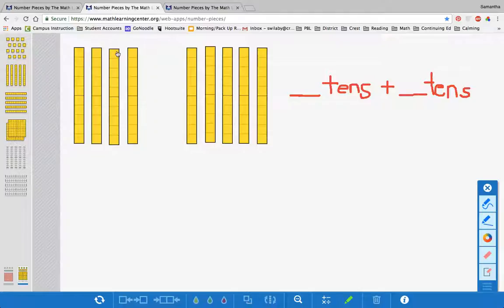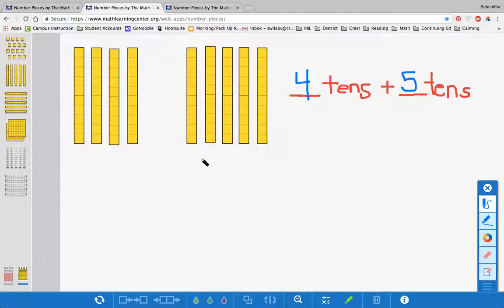First, let's look at the groups of 10 that we have. So I have 1, 2, 3, 4 tens over here. I have 4 tens first in this group, and then 1, 2, 3, 4, 5 tens in this group over here.